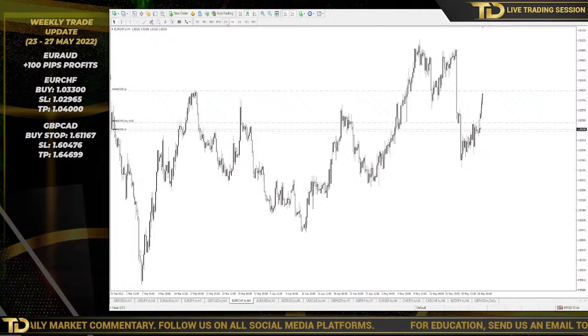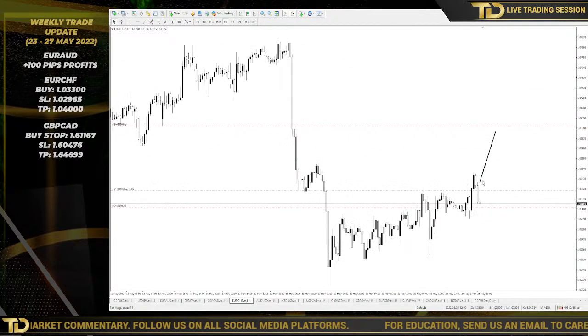EURUSD, I adjusted my stop loss. It's now floating on a loss, right? But I've adjusted my stop loss, so I might be stopped sooner than you. Because your stop loss, if you took this trade, I think it's around 1.02965.